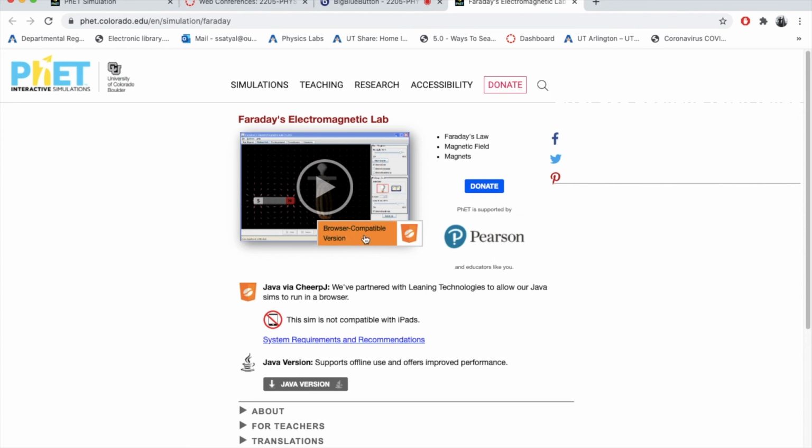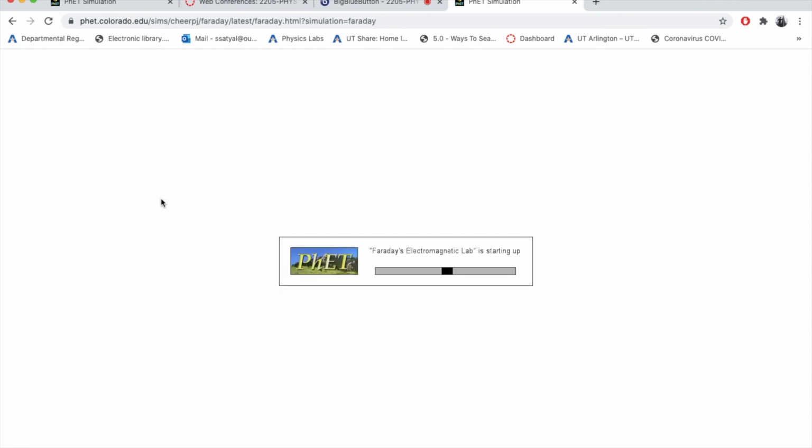So if you click on this one, it will run the gRPJ, and finally the lab that we're trying to do. It may take a while depending on your processor speed and internet speed.